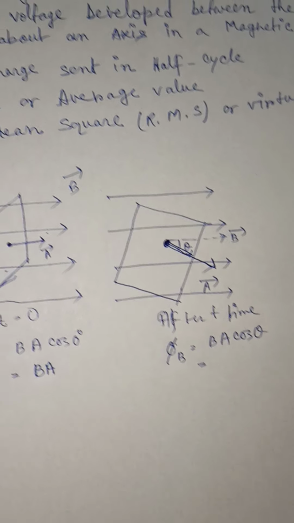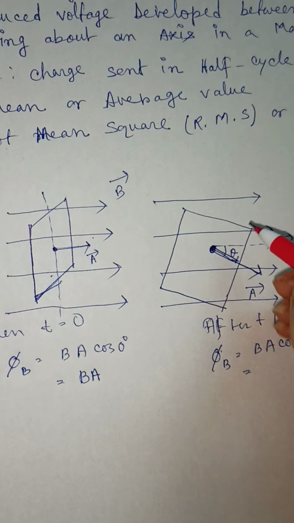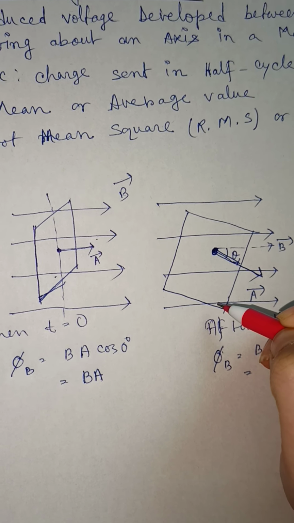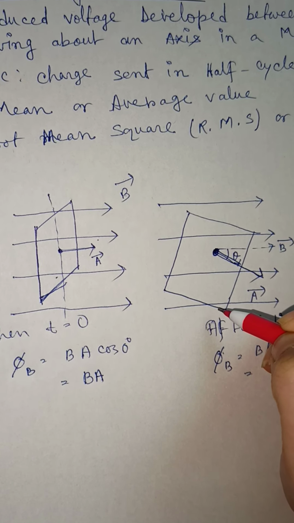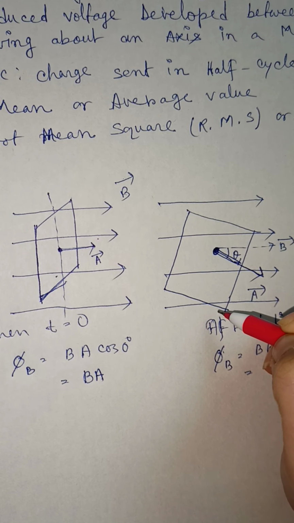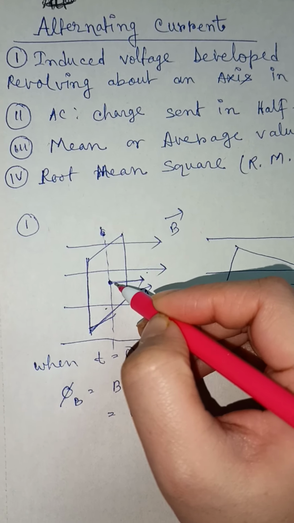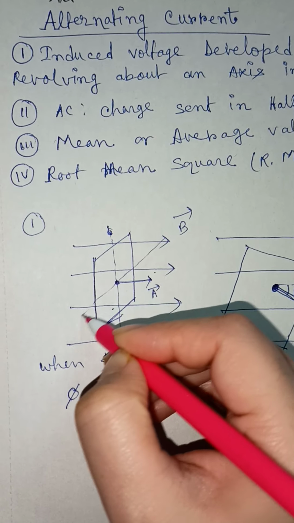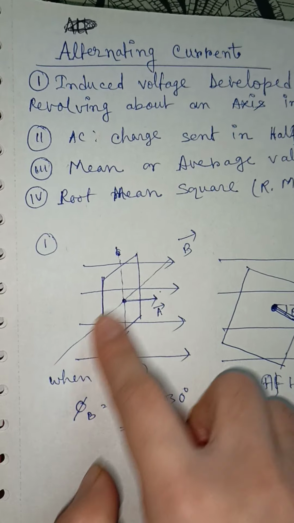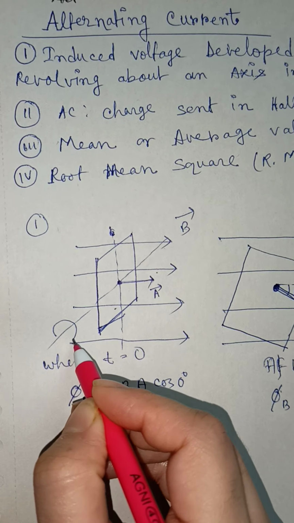Suppose this is the rotational axis of this loop, and the loop rotates along this axis in this direction.